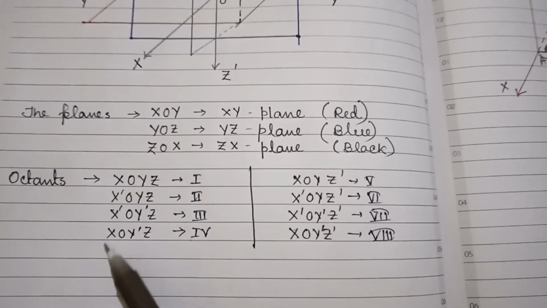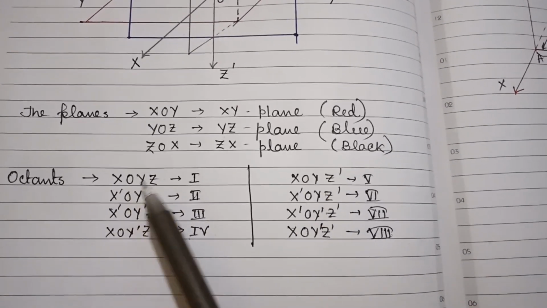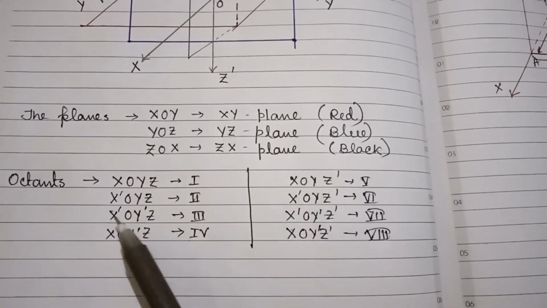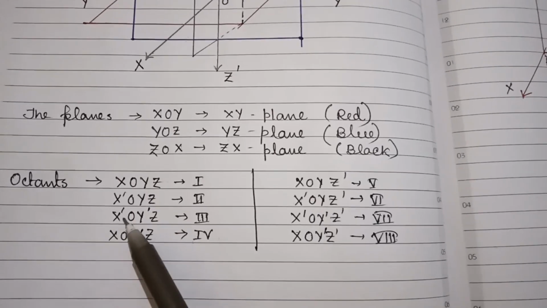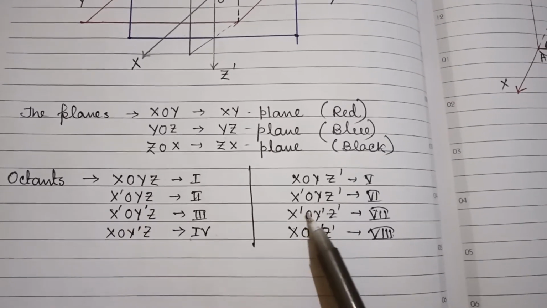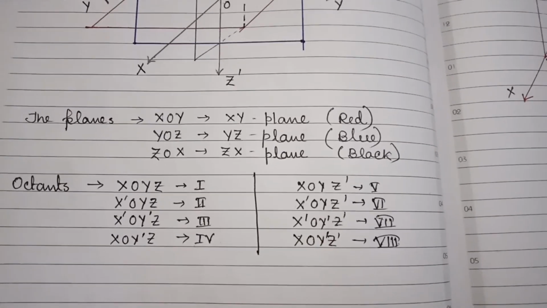And the signs of the other letters are the same: XOY, XOY; X dash OY, X dash OY; X dash OY dash, X dash OY dash; XOY dash, XOY dash.